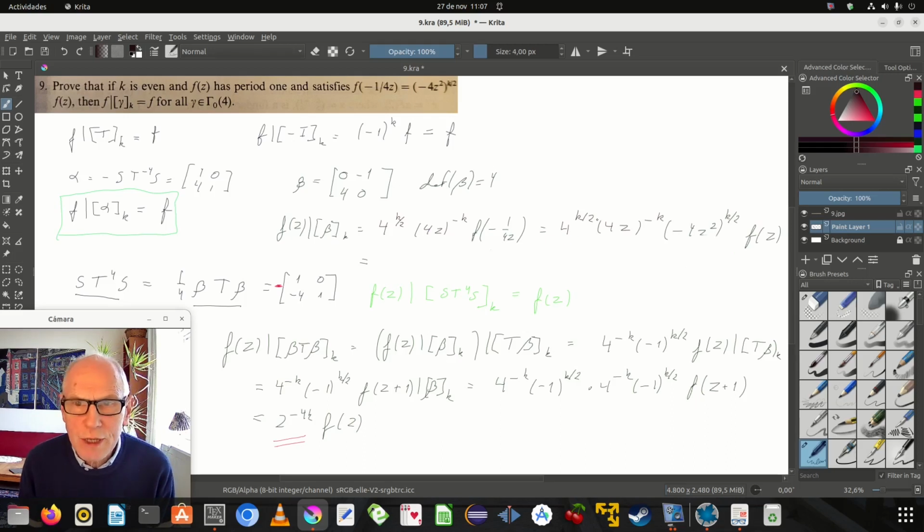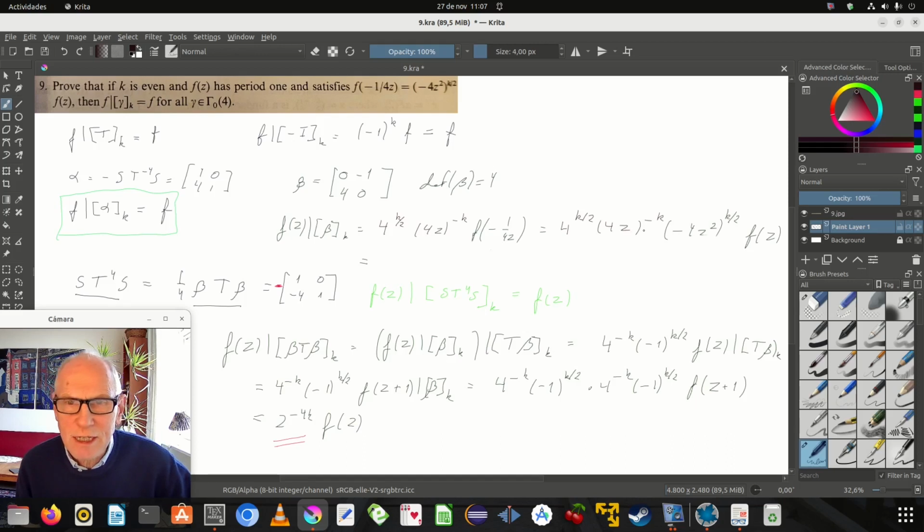And 4 to k halves times 4 to k halves, that's like 4 to the kth. Oops, here we have 4 to minus k, so they cancel. So 4 to minus kth and 4 to kth, all right.